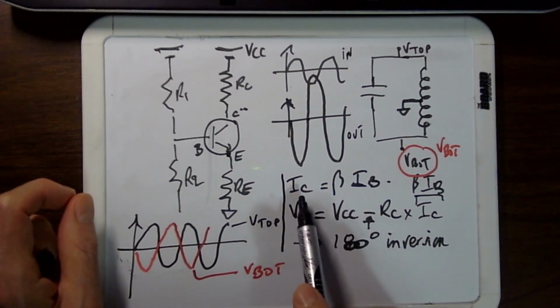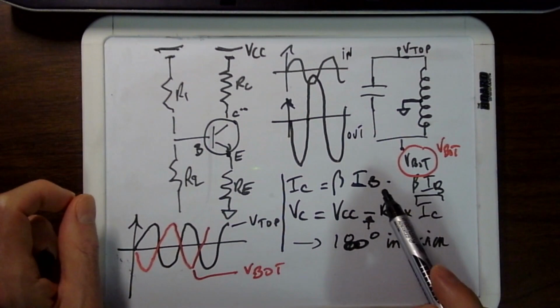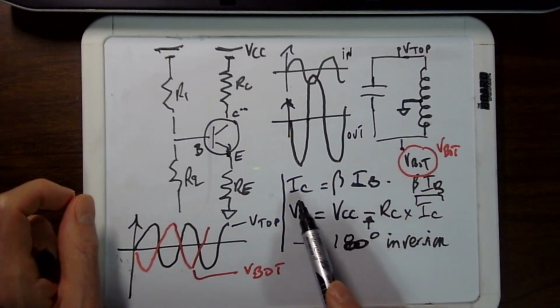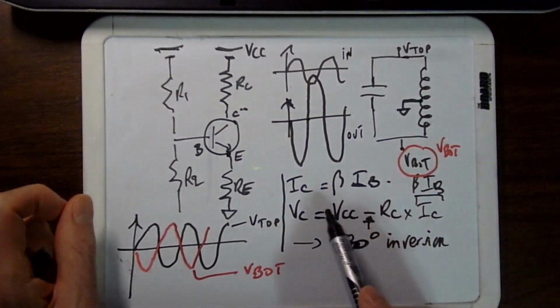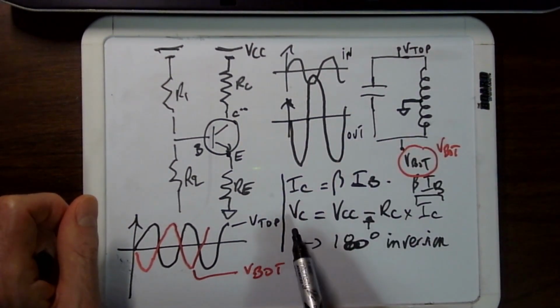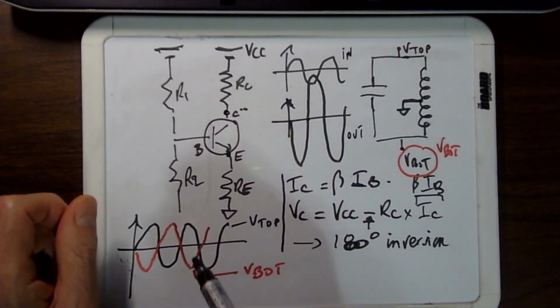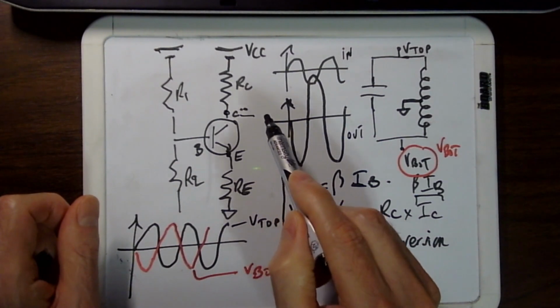So we know that IC is equal to beta IB. So you know that your transistor is a current source. IC equals beta IB. It doesn't depend on RC. It doesn't depend on RE. It depends only on IB and beta. So current source. Then the VC, which is the voltage at the collector, is equal to VCC. This is the output, by the way.